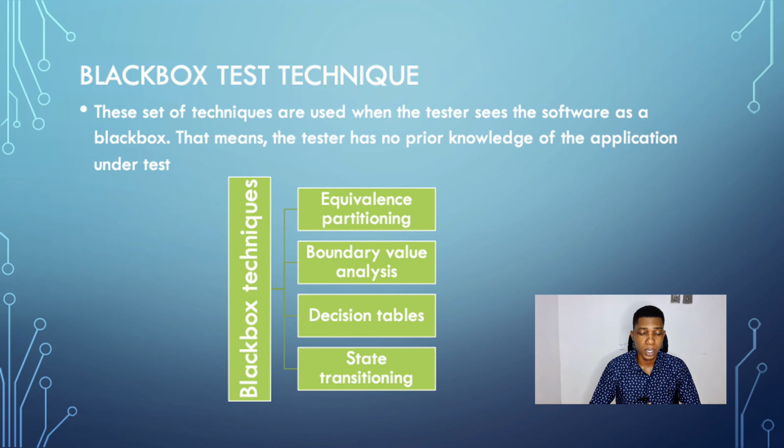The specification can be anything from a written document, a collection of use cases, models, prototypes, etc. So we have a few types of specification-based techniques or black box testing techniques.